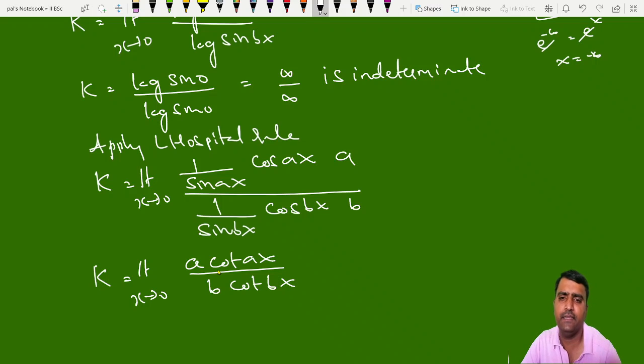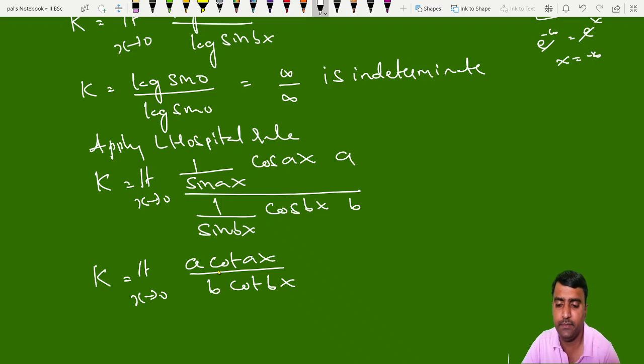One thing is you can differentiate this again, or in other words, if you apply the limit, it is cot 0 and cot 0. Cot 0 is 1 by tan 0, which is infinity. Again it takes infinity by infinity form.